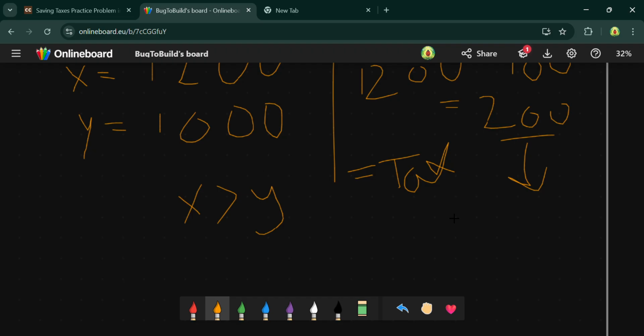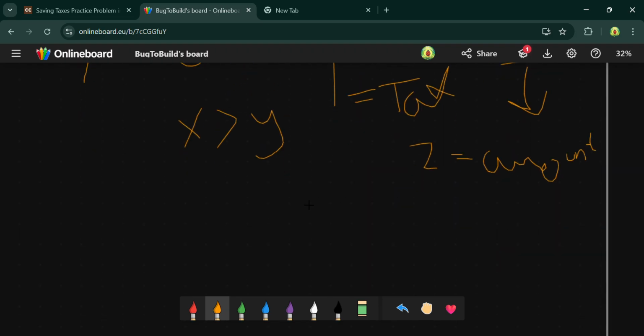Okay, so 200 rupees is the amount that you don't have to pay tax on.